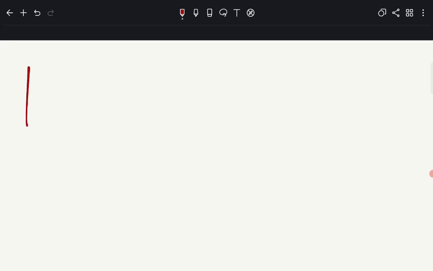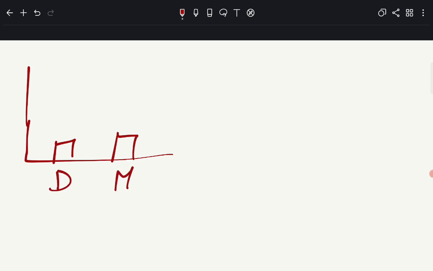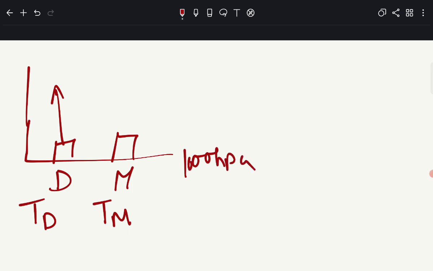Okay, so there are two parcels for us. I'm typing just D and M, so dry and moist. They have some temperature, that is TD, and some temperature TM. Suppose this is 1000 hectopascal, and we try to bring it to 600 hectopascal.